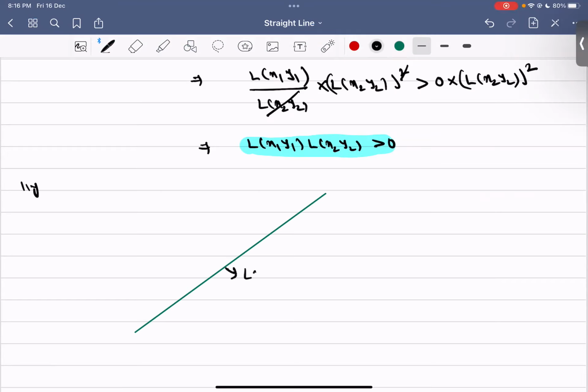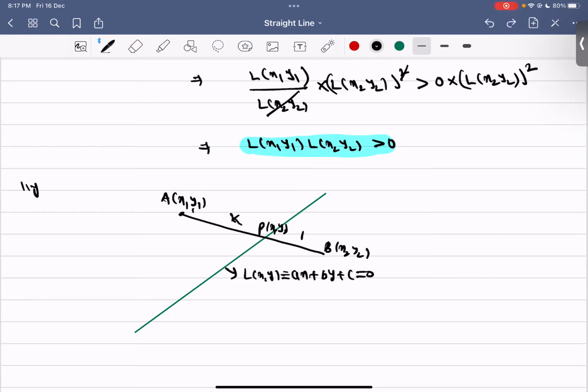This is L of x comma y is equal to ax plus by plus c equal to 0. Suppose one point is this side A(x1, y1) and the other point is B(x2, y2). Then to find the condition, join this A and B. Now this point P(x, y) is what? Internal division, k is to 1.